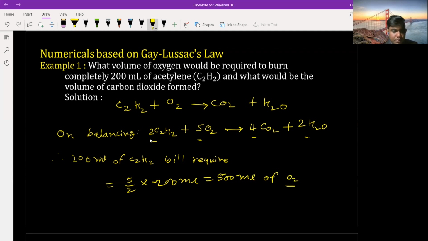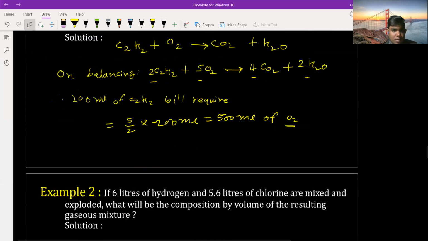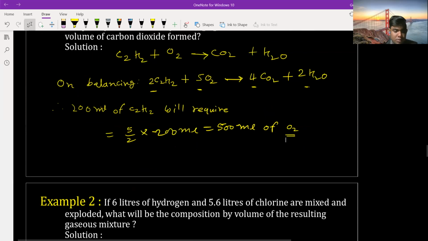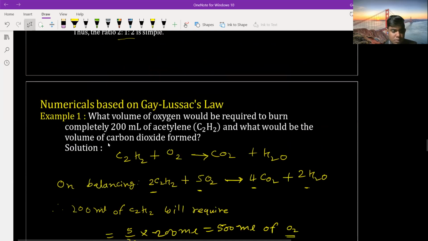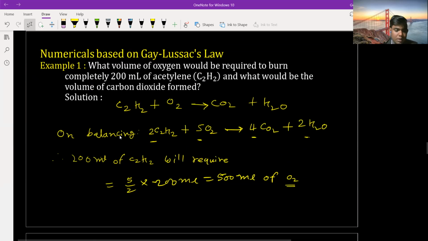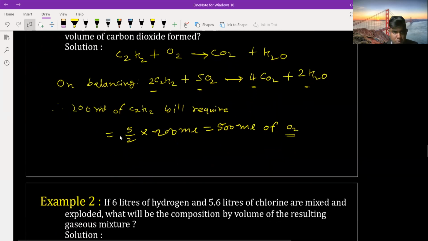Okay. And 500 ml of oxygen is required to provide 200 into 2 equals 400 ml of carbon dioxide.